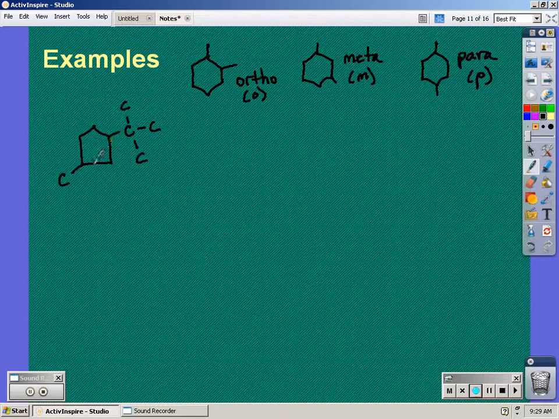Notice that they have one in between. The first side group is a methyl because it's just CH3. The second group is a little different. You have a chain of 3 carbons, and it wouldn't matter how you would count that. And you have a methyl group coming off of that chain of carbons.